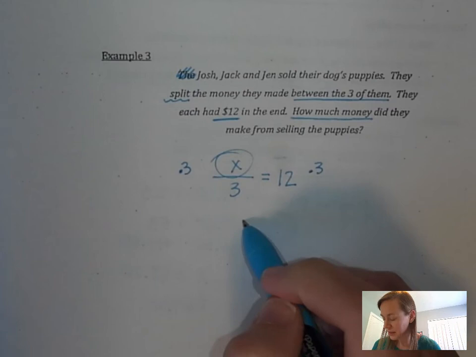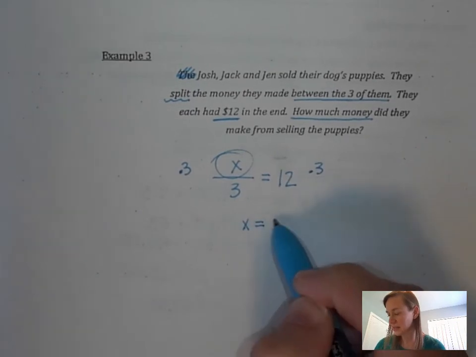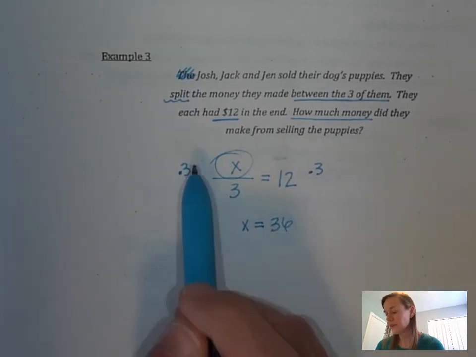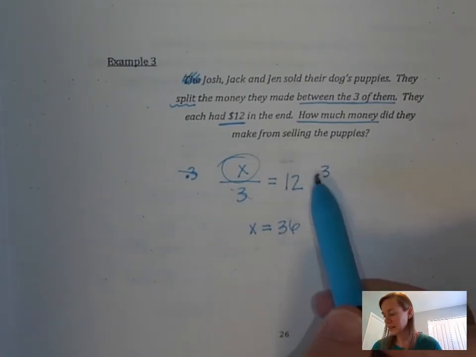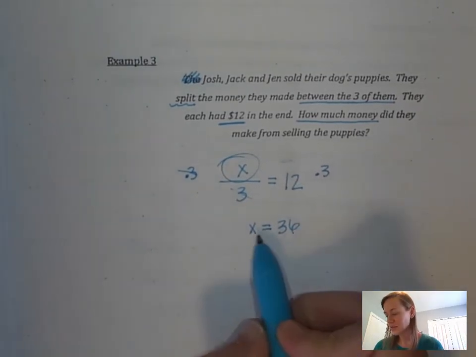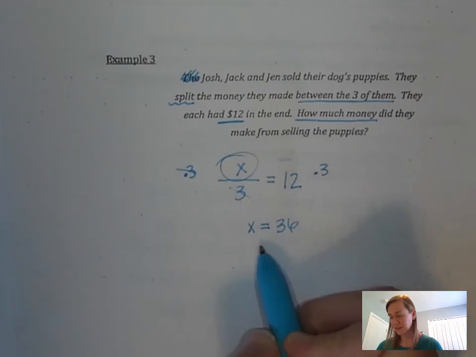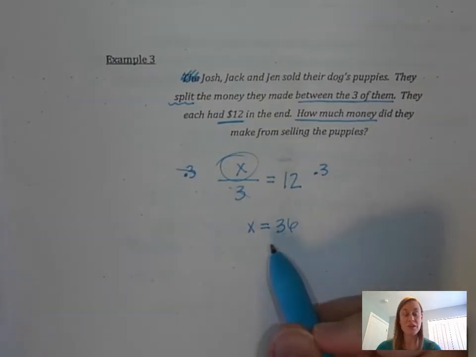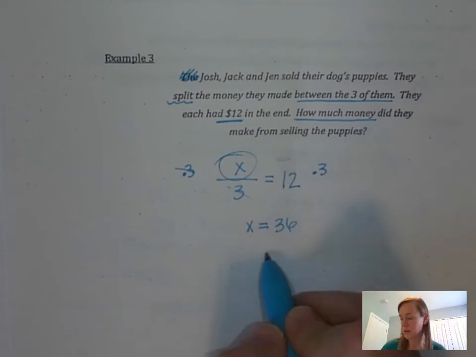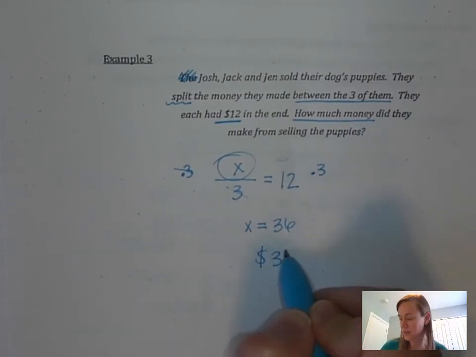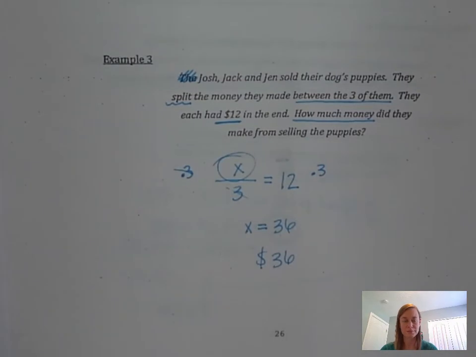And you wind up with x equals 36. So this 3 and that 3 just cancel each other out. And 12 times 3 gives you the 36, and so you have 36 for your answer. And then just to make sure you give your units, it says how much money did they make. And as we know, dollars are the units for money, so we're just going to say $36.